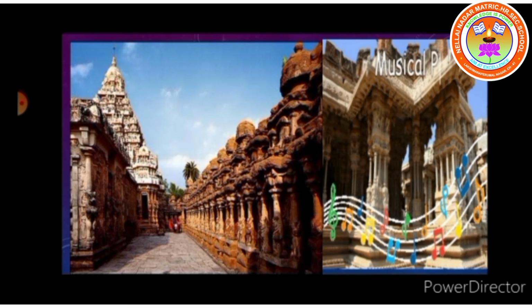Next, the pillars of this period are more decorative than the previous period. Monolithic gigantic yal pillars, horse pillars with life-size portraits of mythological and royal family members, common folk, animals, and floral works were made. Musical pillars were the peculiar features of this time. A sitting line at the top of the pillars is a common feature in the mandapams.